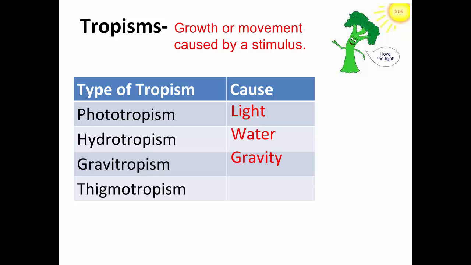You could take a plant and plant it in the soil sideways, and the shoots of that plant will grow upward, the roots will grow downward. They grow in response to gravity. Call that gravitropism. The Venus flytrap is an example of thigmotropism, response to touch.